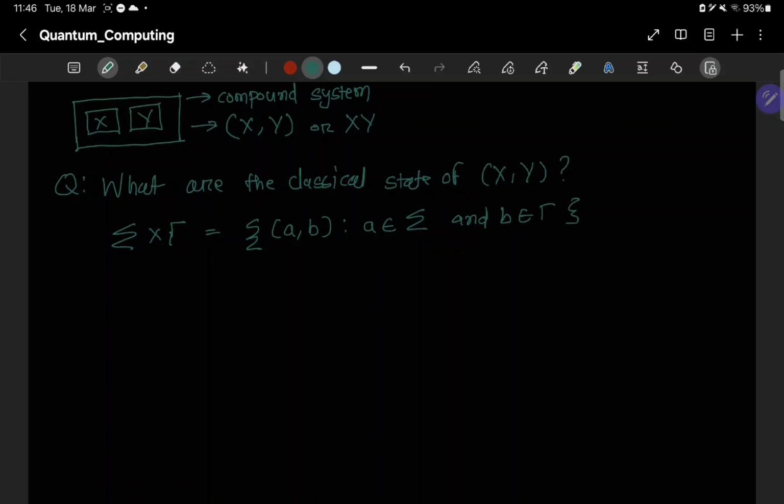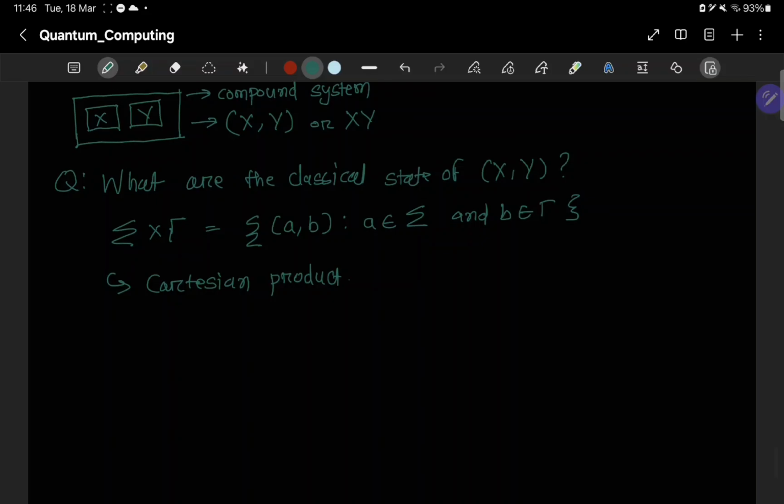This kind of set is called a Cartesian product. So it is basically all possible combinations of elements in sigma and gamma.